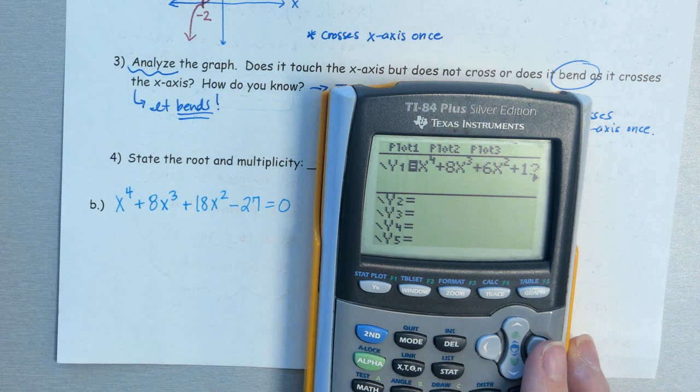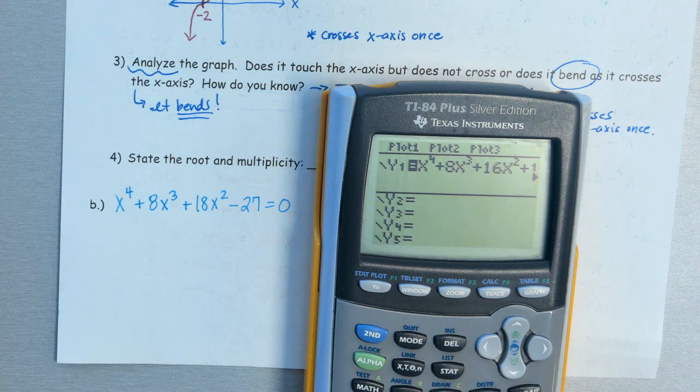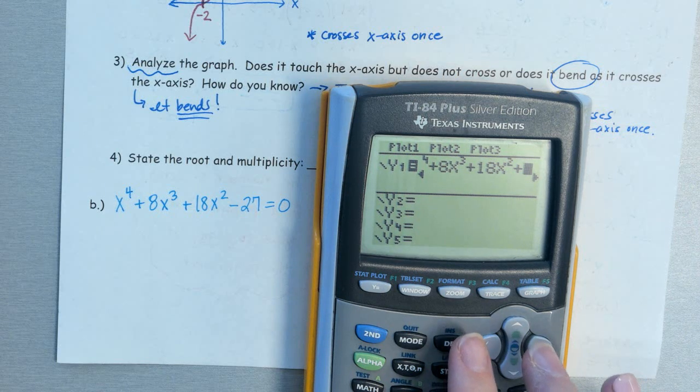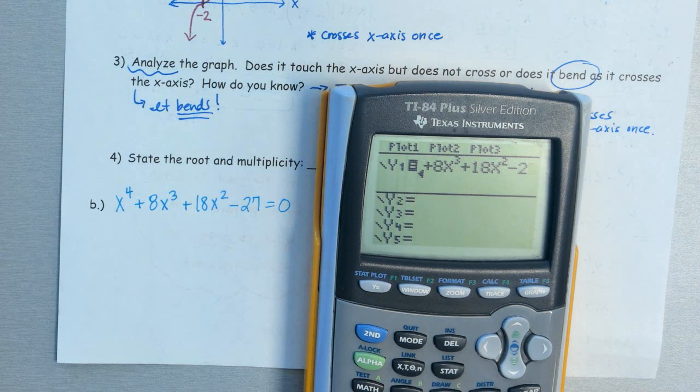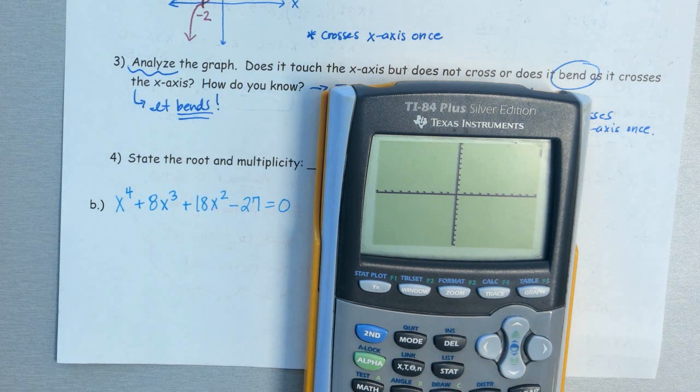Okay, so x to the 4th plus 8x cubed plus 18x squared, and this means delete, so you can delete that. Okay, now we're going to graph it.